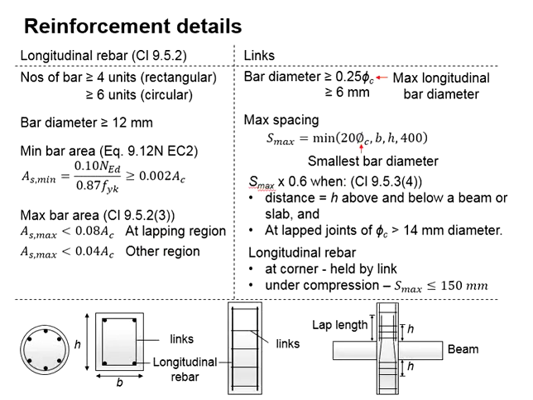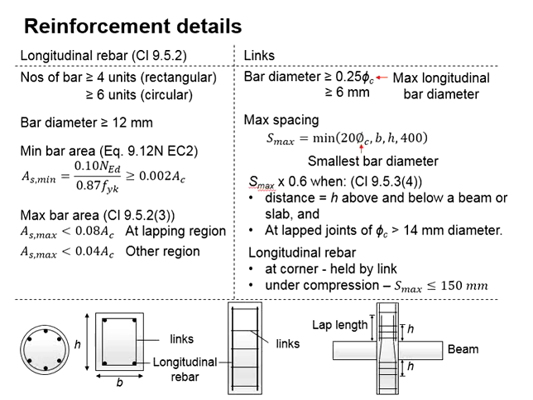On top of that, there is another requirement on the maximum spacing, particularly in the case that you need to provide shear link near to the joint, within a distance from the top beam, as well as the beam soffit. The region here will have the maximum spacing multiplied by 0.6.